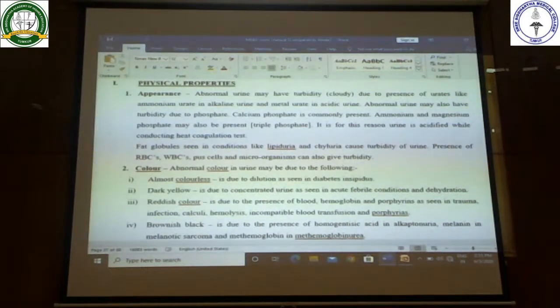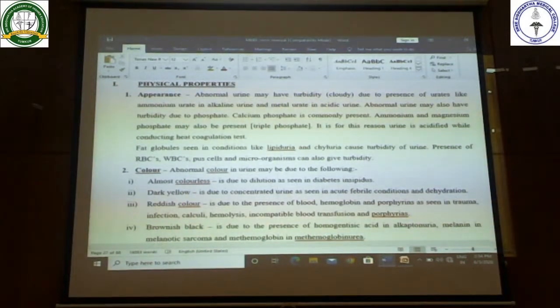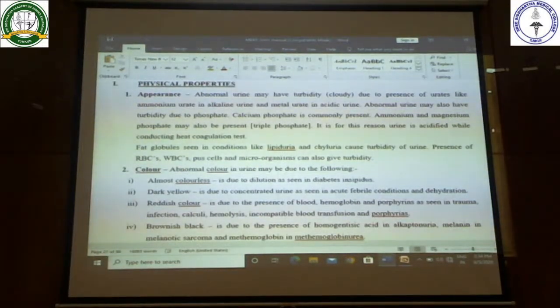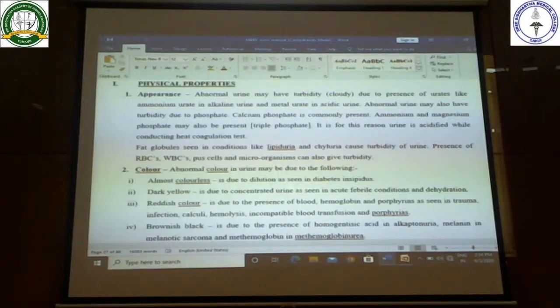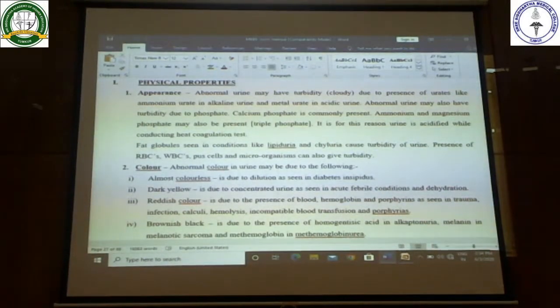Lymph will spill over due to various reasons, could be cancer, anything. Or it could be a fistula, anything that is draining into the urine or urinary bladder. Then you will have chyluria. Then there could also be RBCs, that is blood, WBCs, pus cells and microorganisms. So all these are the causes for turbidity.